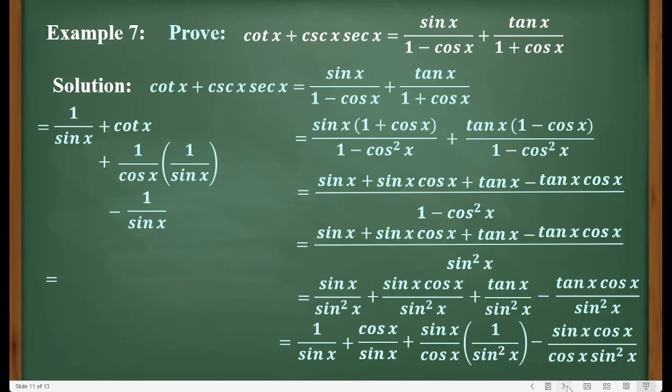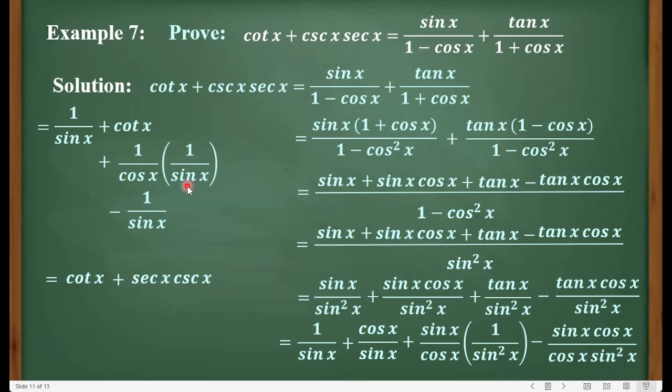Then 1 over sine of x minus 1 over sine of x, so they will cancel each other. So what remains? Cotangent of x plus, 1 over cosine of x is now replaced by secant of x.